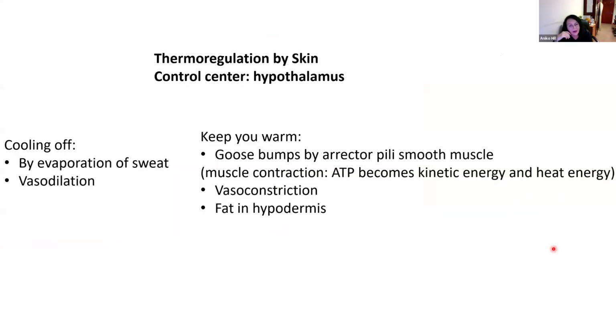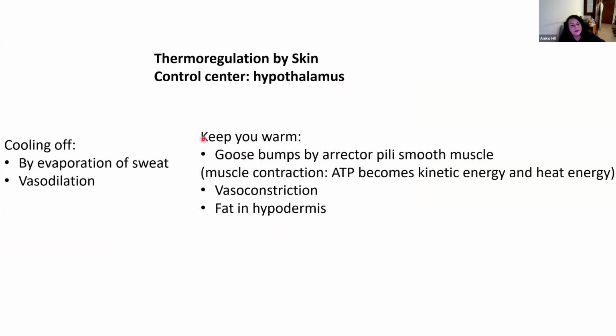So here is, I know that physiology people spend a lot of time on this, but I also wanted to summarize for you how the skin contributes to thermoregulation. You know, the control is in the hypothalamus. The cooling off happens by evaporation of the sweat, or the capillaries go through vasodilation.